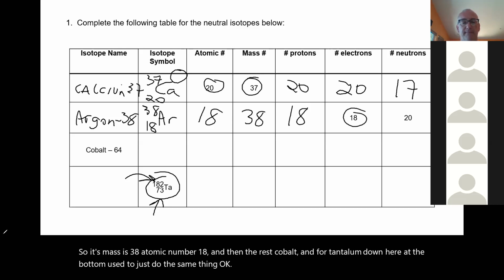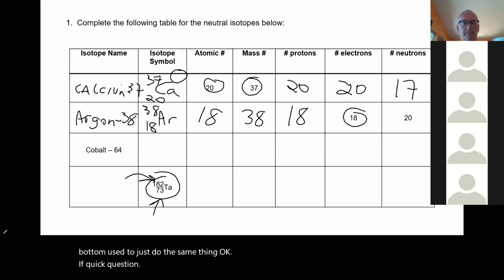Quick question, if the mass doesn't match the isotope number? The mass has to match the isotope number, because that's what the isotope number is, the mass. Because the mass for cobalt is 58.9.